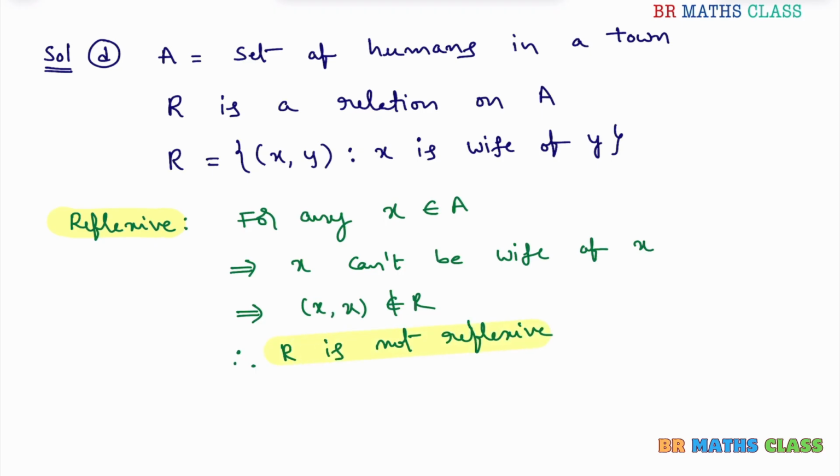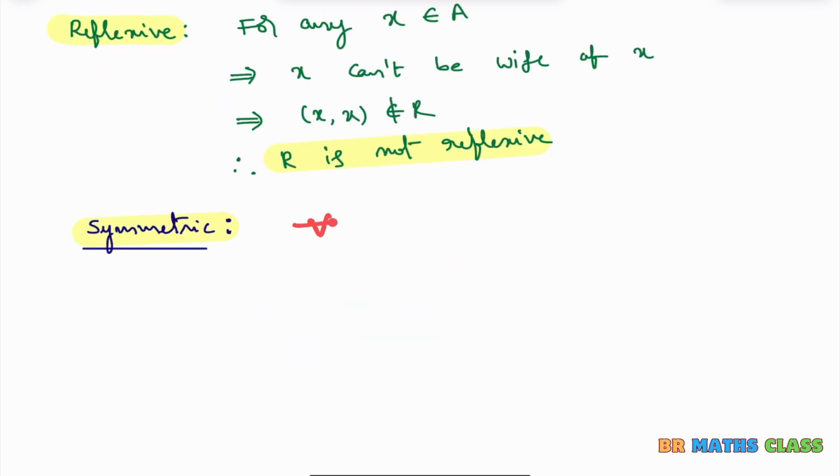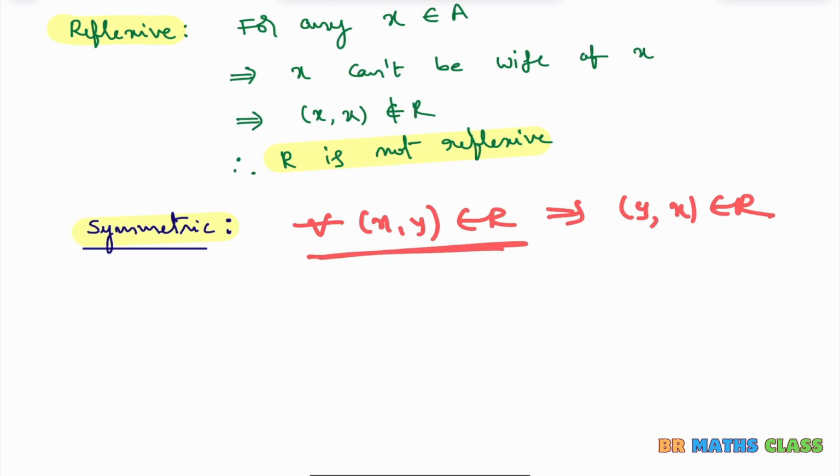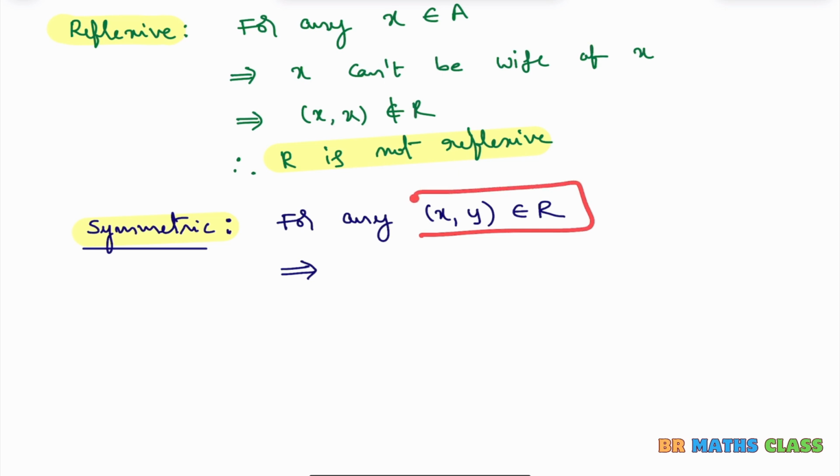Now we'll check the symmetric condition. What is symmetric? For every order pair x comma y in the relation, if y comma x also belongs to the relation, then we say that relation is symmetric. First, I'll take one order pair in the relation.